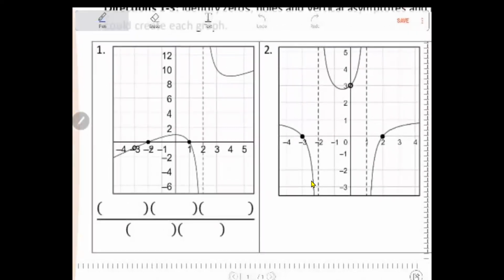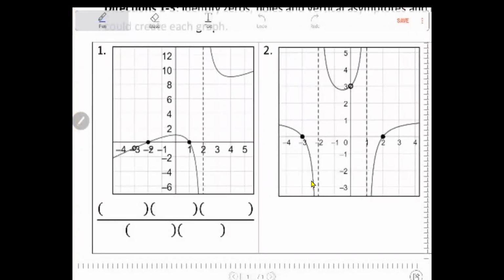We're looking for holes, zeros, and vertical asymptotes. I can see right here there's a hole, and that hole is at x equals -3. If we remember from our notes, a hole is the same expression in the numerator and the denominator.